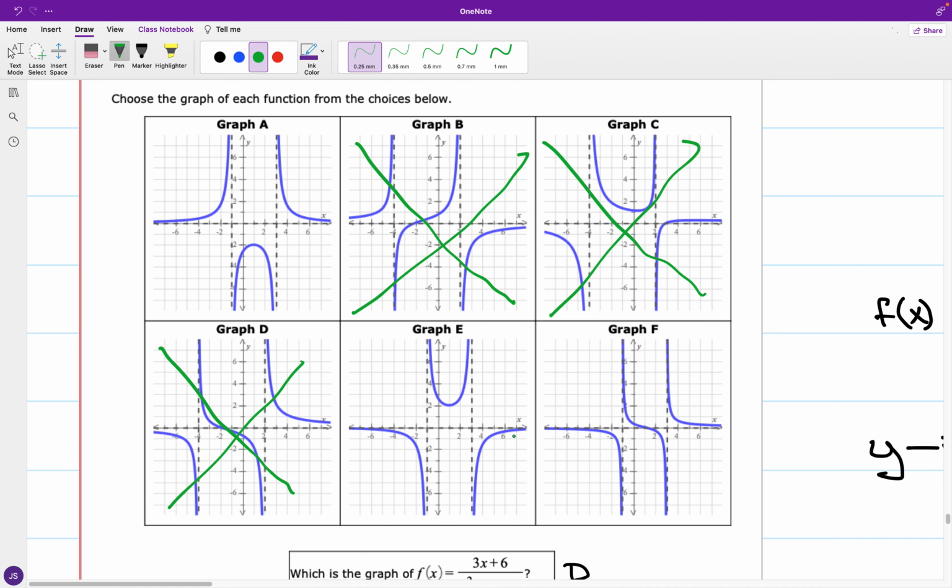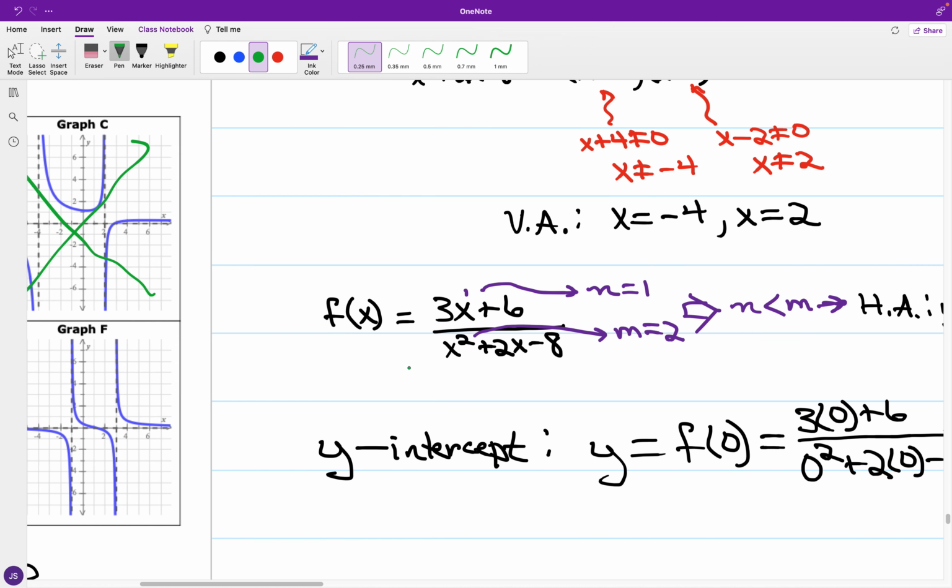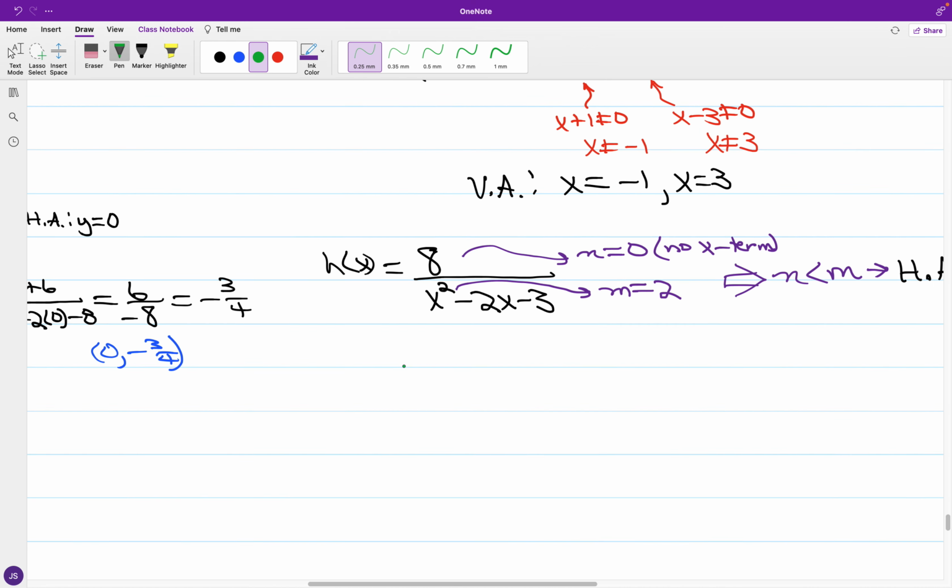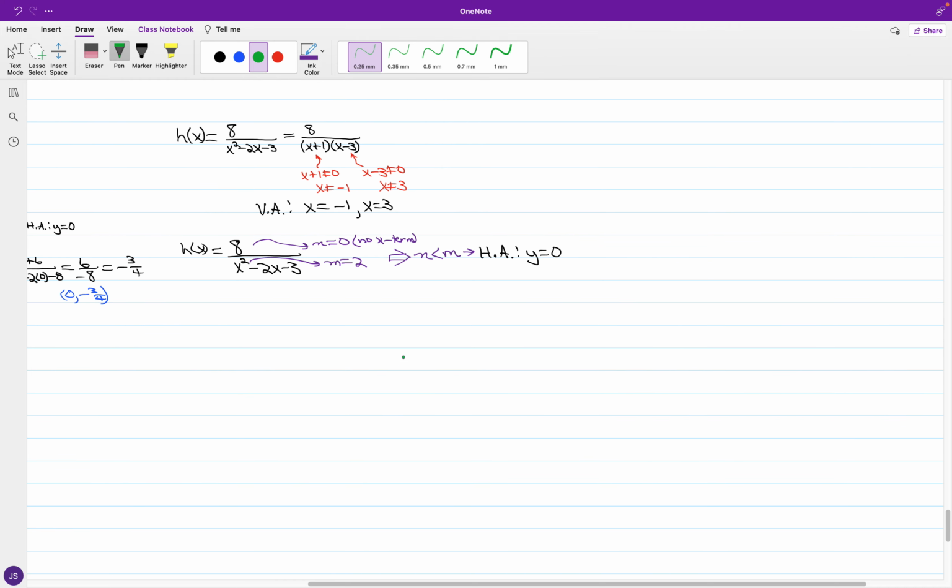So it comes down to graphs A, E, and F. And looking at what the tiebreaker is going to be, chances are it will be the y-intercept. Let's see how this is going to come out.